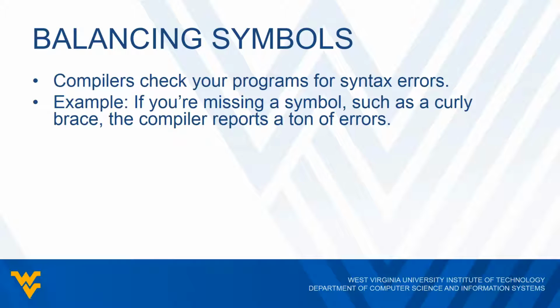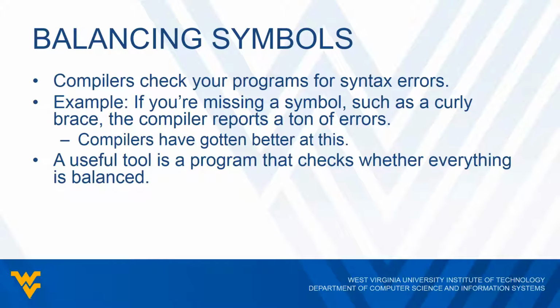Usually it's a ton of errors that aren't even related to the missing symbol. Now, I will say that compilers have gotten better at this and are able to identify that the error is with the missing symbol and not so much with everything else. With that said, a useful tool for a program is to have something check the code to make sure that all of these different types of symbols are balanced.